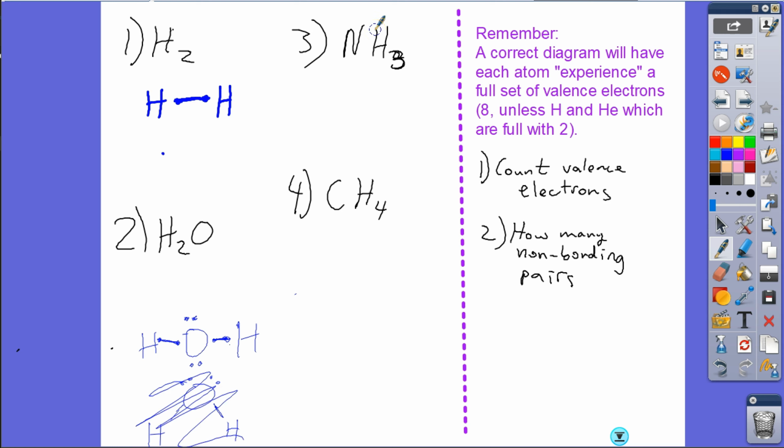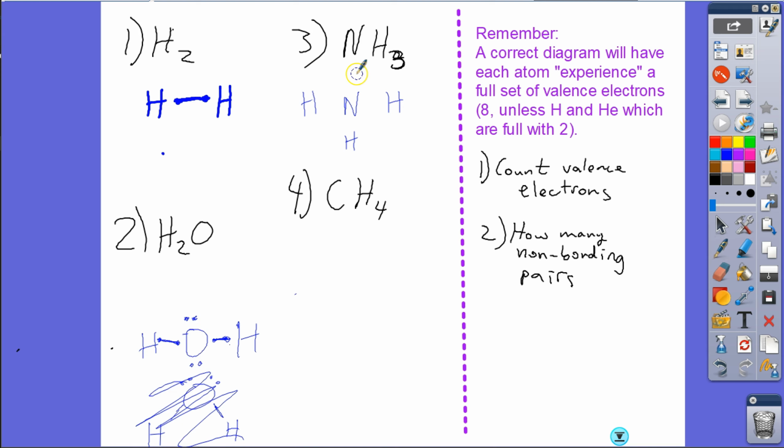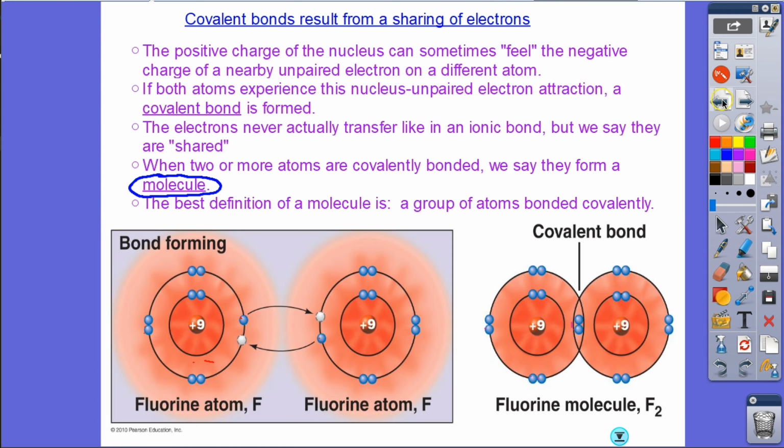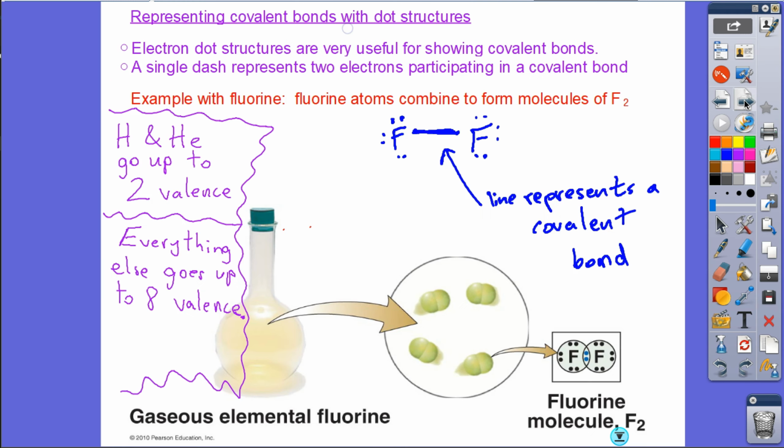NH3, ammonia. You've got a nitrogen, a hydrogen, and you can put the other one either above or below, it doesn't matter. But we need to know what the dot diagrams look like. Hydrogen, they all have just 1 electron. Nitrogen, if you go find it on the periodic table, it's right here in group 15, so it's going to have 5 valence electrons.